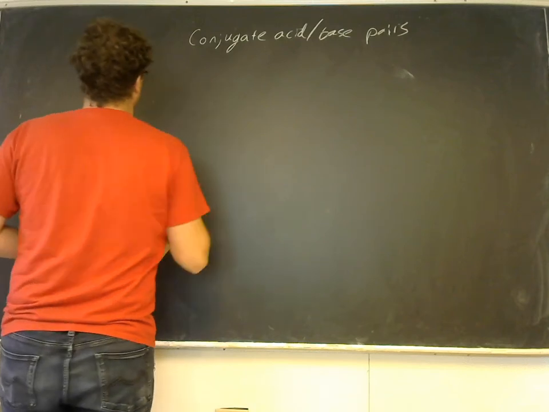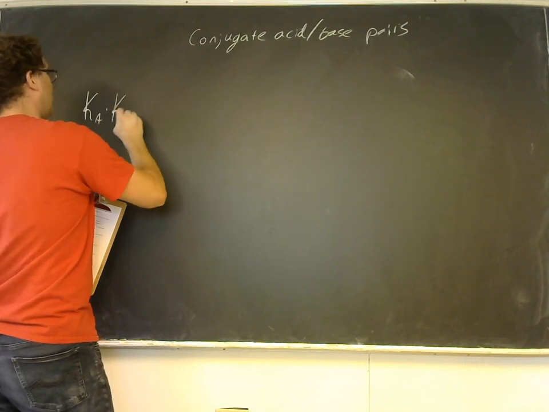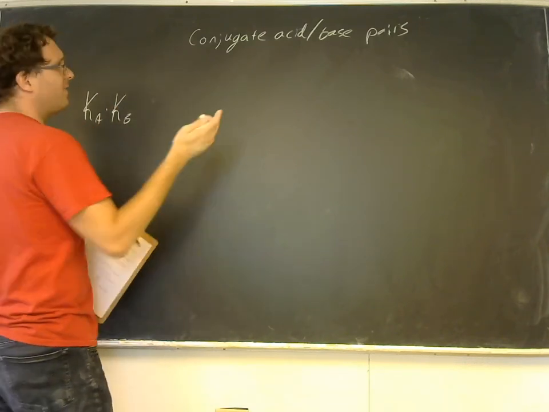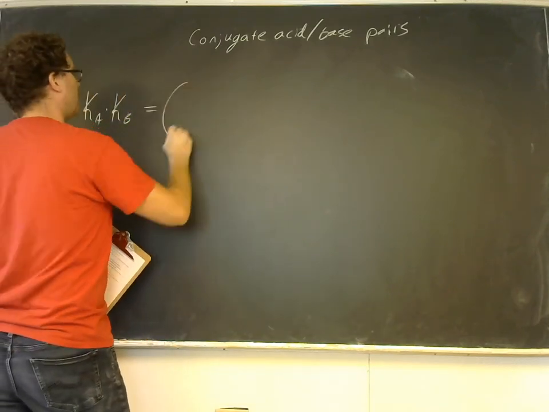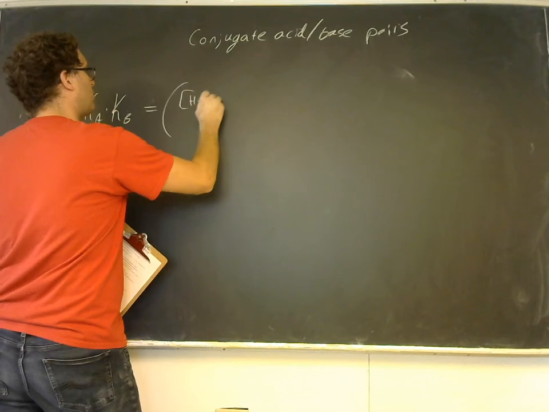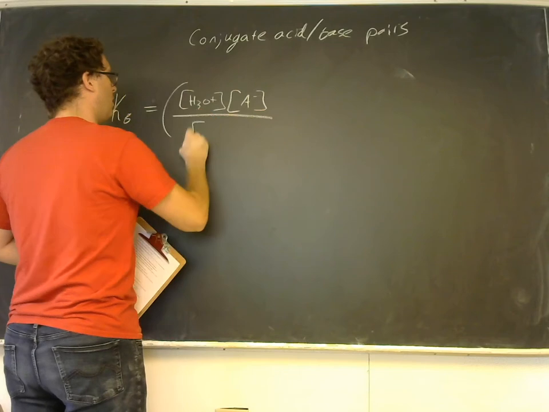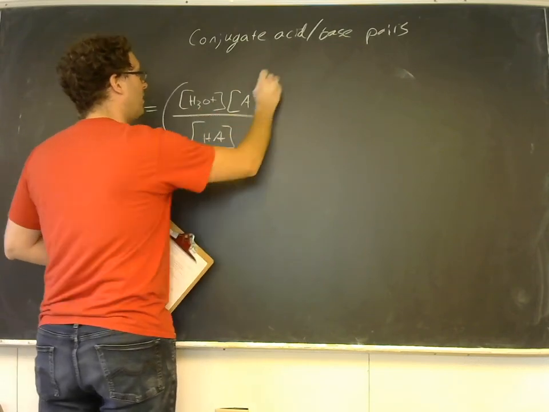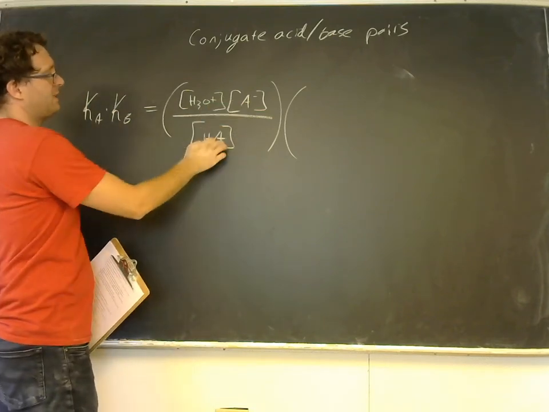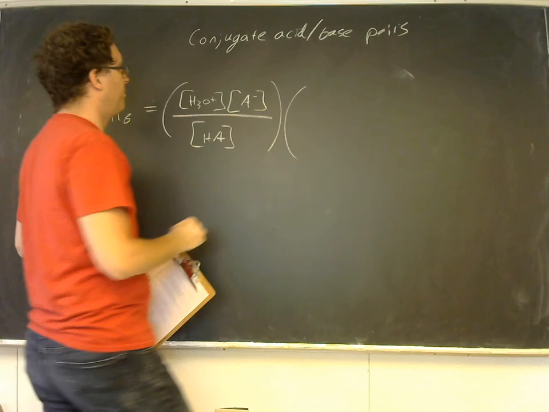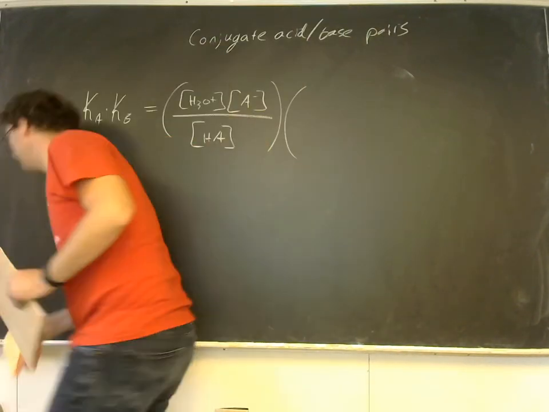And let's just think about it here. Let's take the Ka times the Kb. And if these are an acid-base pair, then the Ka is going to be H3O plus times A minus over HA. Right? And maybe it would be better to write it this way.